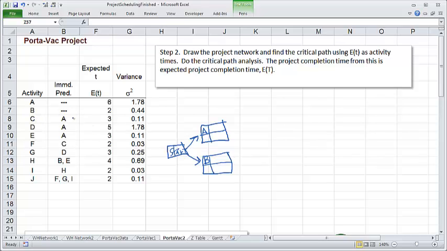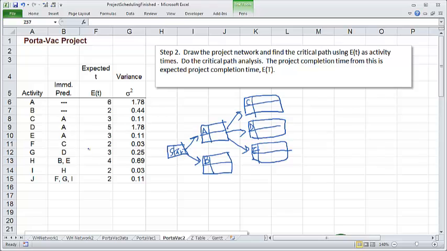Then from A we have C, D, and E. And from C to F and D to G. Now H has two predecessors, B and E.